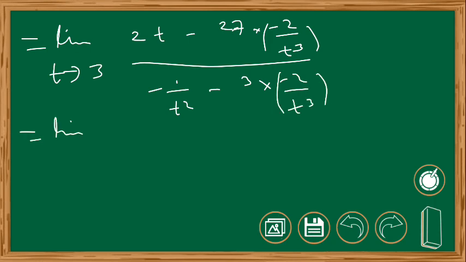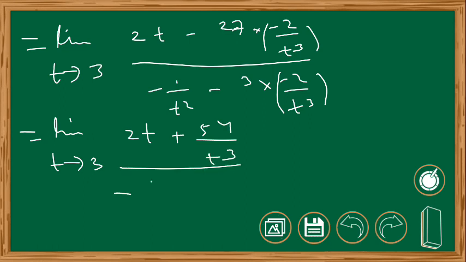So limit t tends to 3, this one is 2t and plus 54 divided by t cube, this is minus 1 by t square plus 6 divided by t cube. Clear? So I think you can put the values now.